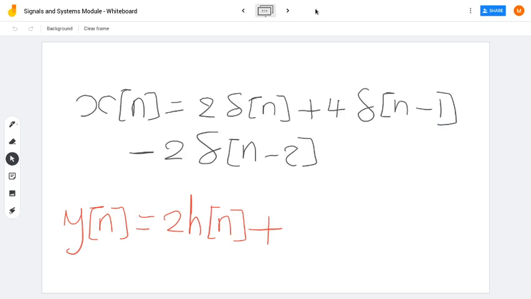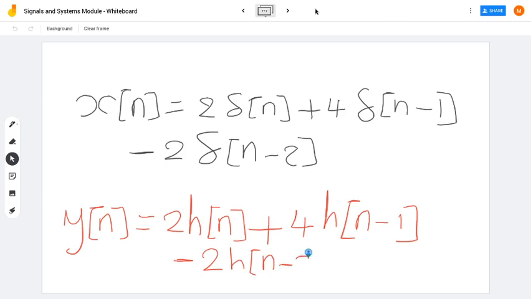So we'll have 4 times h of n minus 1. And this impulse delta of n minus 2 will give us a shifted impulse response. Again, it will be minus 2h of n minus 2.